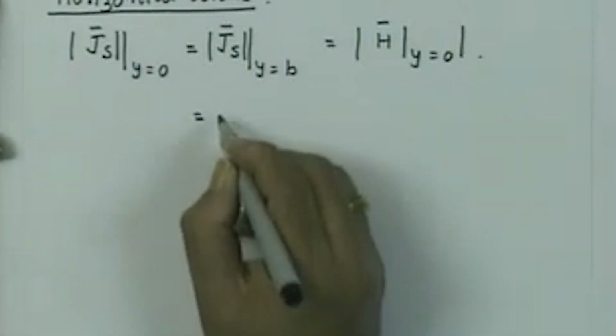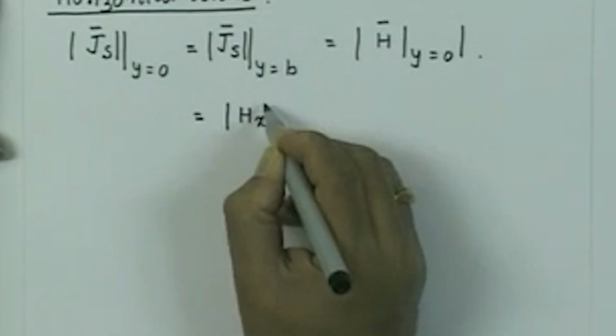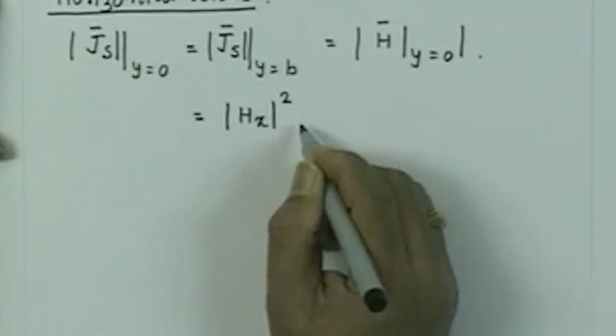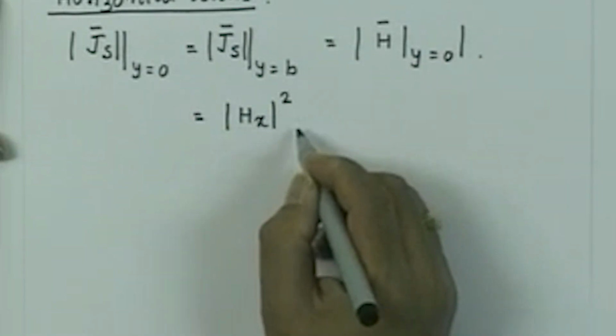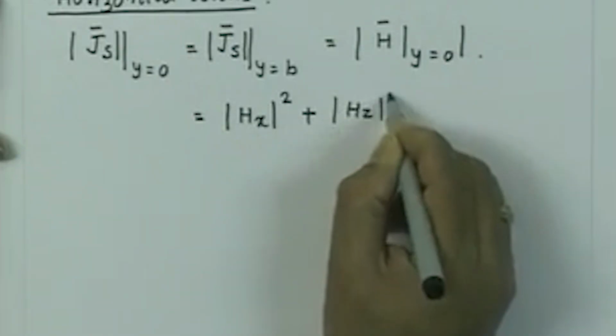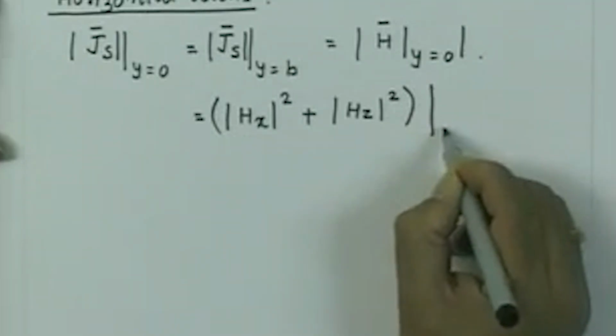So, this quantity will be equal to |Hx|^2 at y equal to 0 plus |Hz|^2 at y equal to 0.